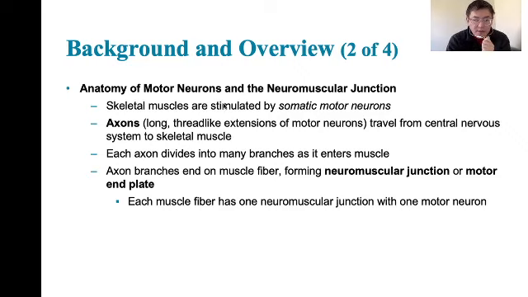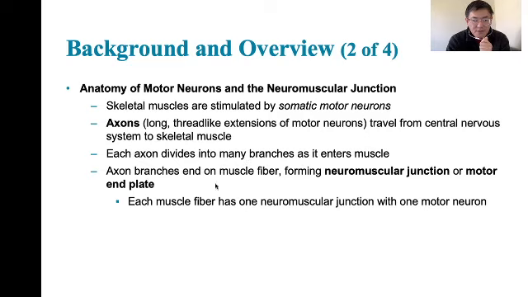So now let's talk about the neuromuscular junction. Once the nerve action potential reaches the muscle, the axon will divide into many branches.